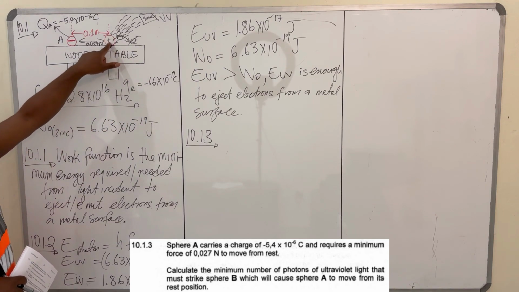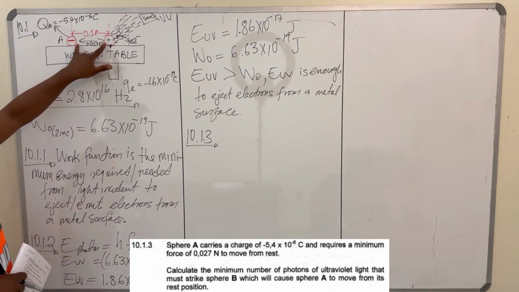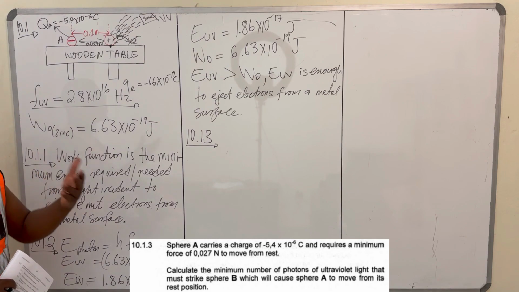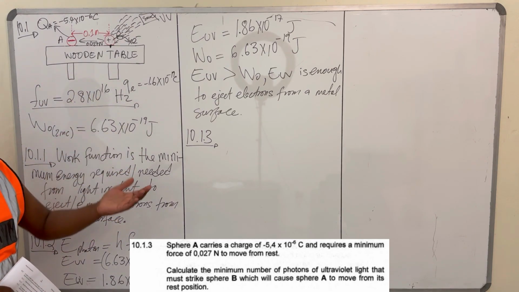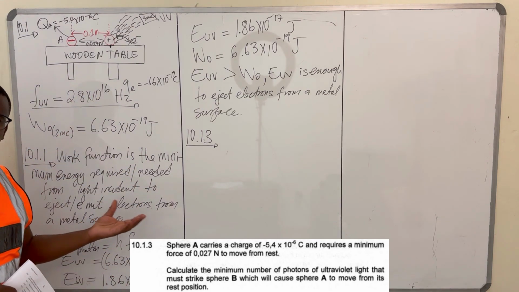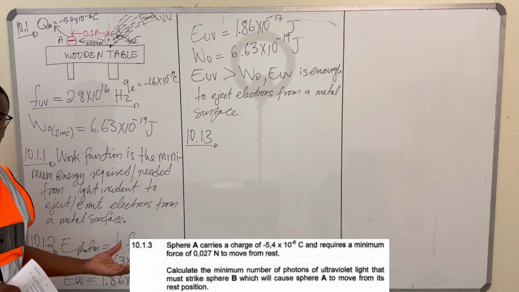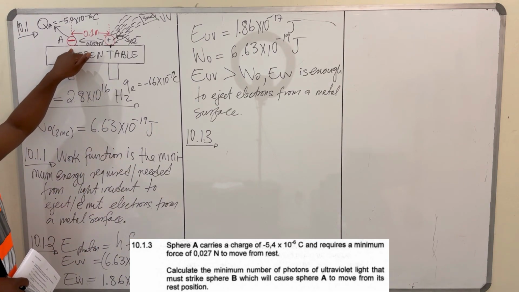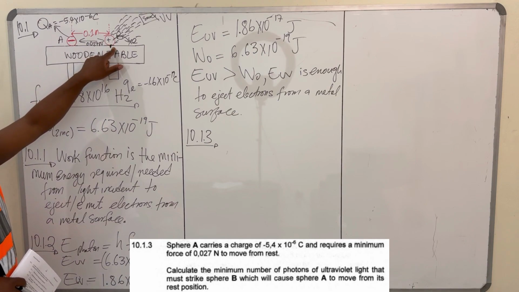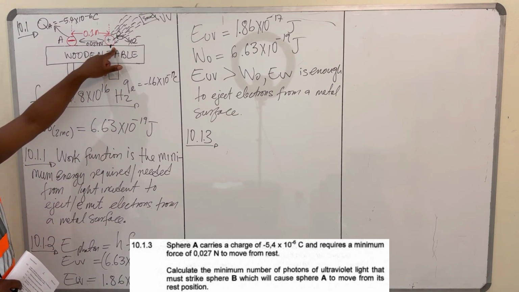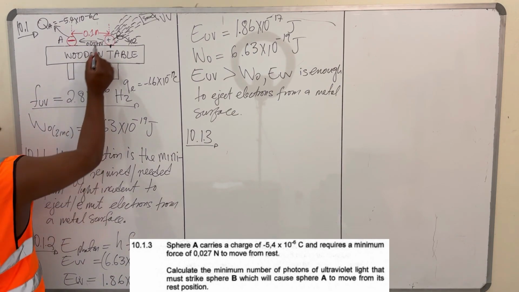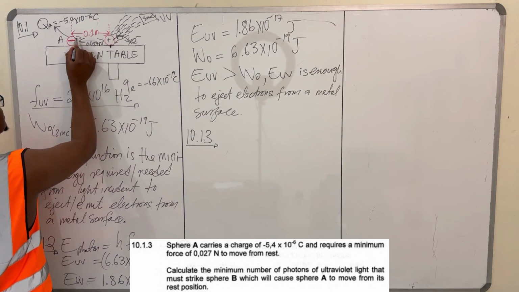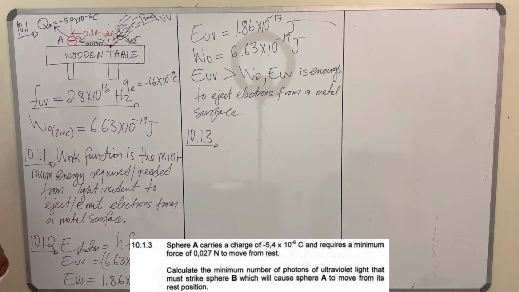Then that positively charged sphere will start interacting with this one, as charged particles do. Now this one has an electric field around it, and this one also has an electric field around it, which, because this will be positive, will attract this one to move towards it. That's what I think would happen.